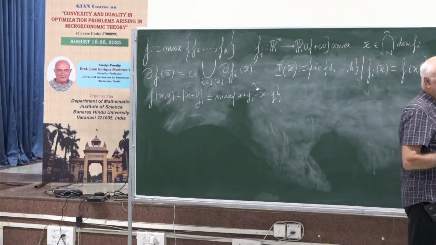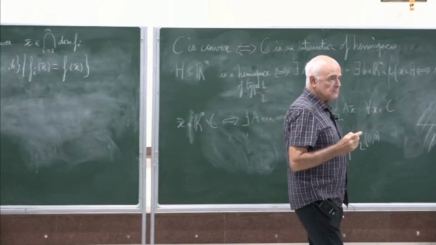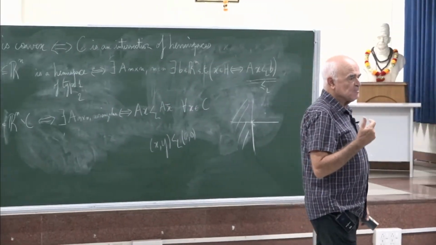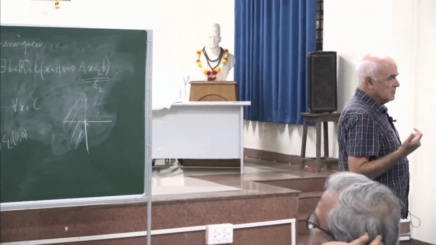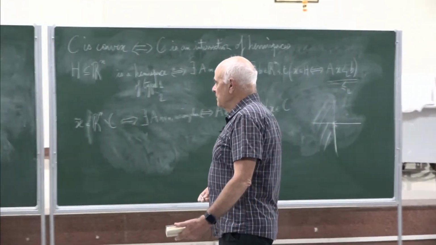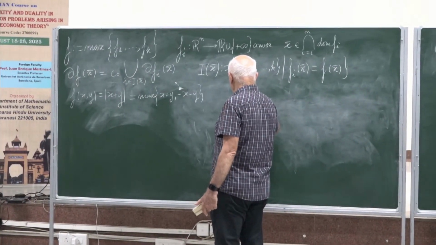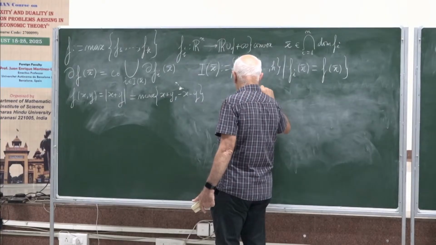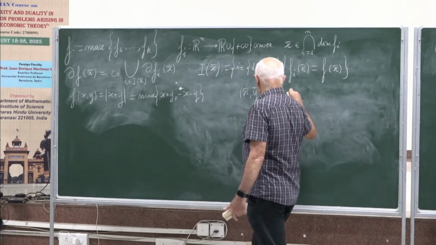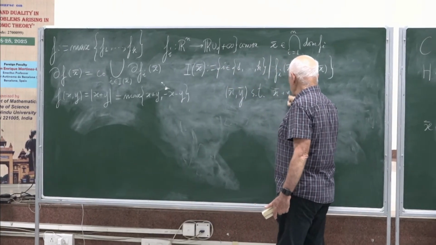Then we can apply this formula at the points where x plus y is equal to 0. Because if x plus y is different from 0, we don't need this formula, because at those points the function is differentiable. So consider (x bar, y bar) such that x bar plus y bar is 0.